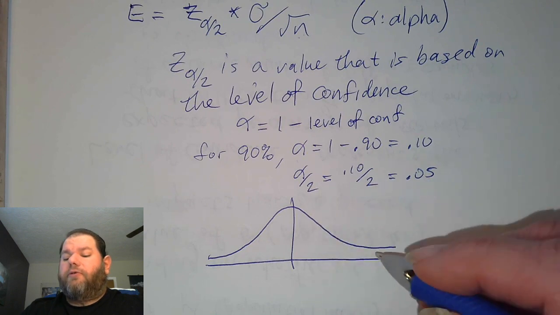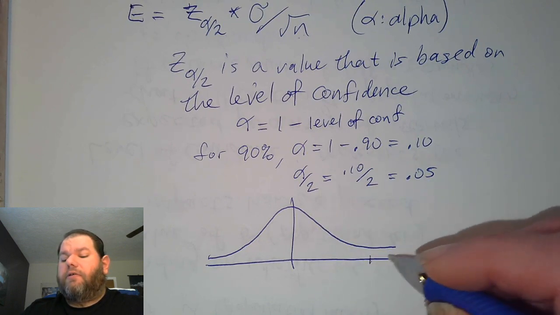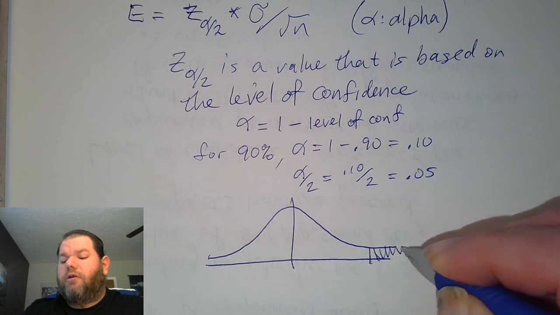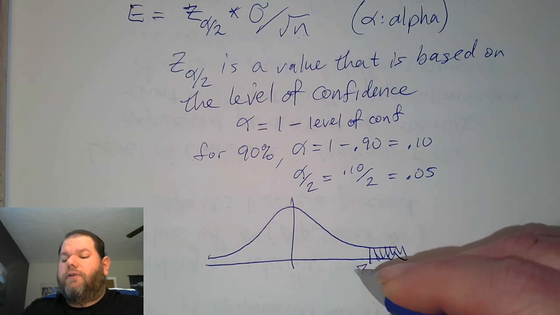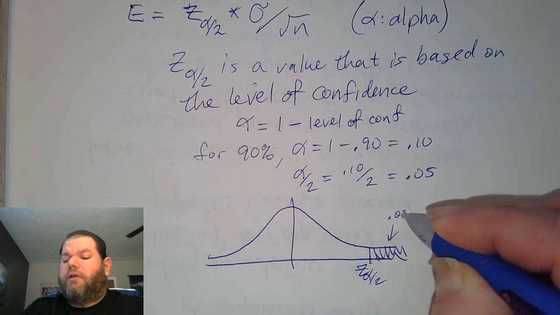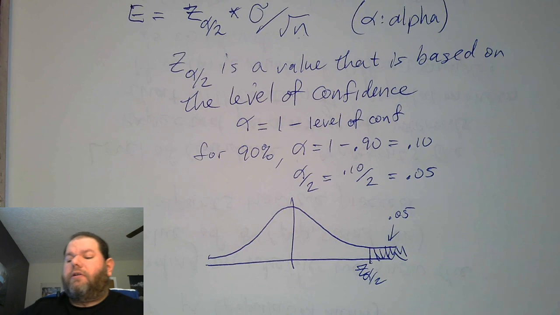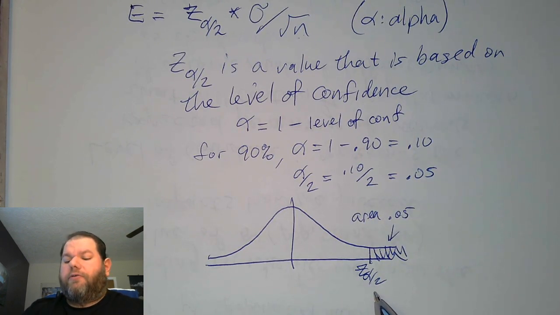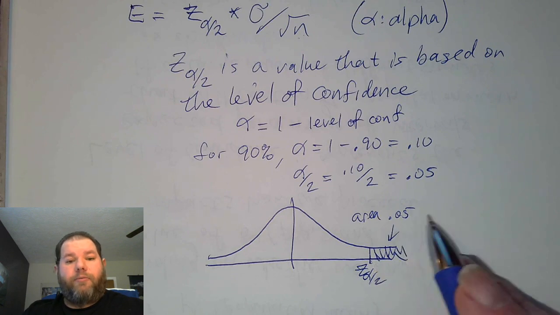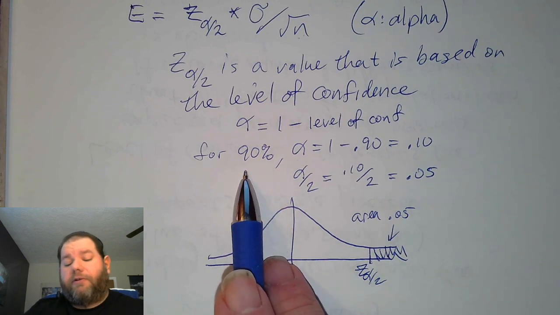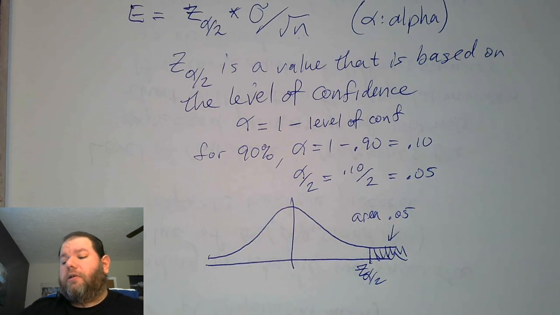Alpha over 2 is 0.05. So z alpha over 2 is the z score where the area to the right is 0.05 for 90% confidence.